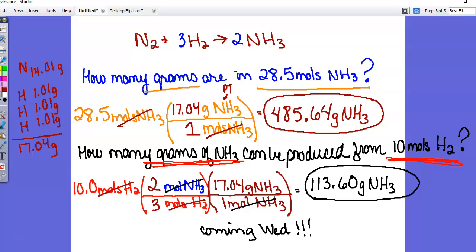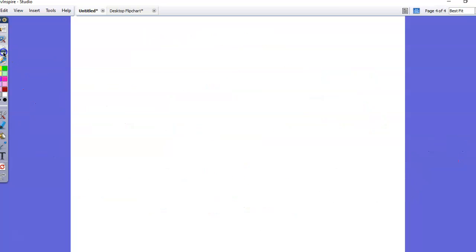So if you look on the calendar, I have a worksheet for today, which is majority mole to mole. And I have a worksheet tomorrow, which is mole to mole, mole to mass, and mole to molecules. I have a short, maybe 5-question quiz on Wednesday.